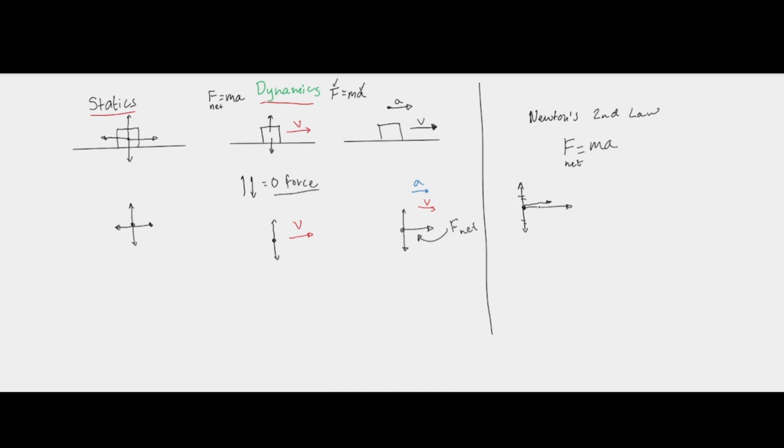Sometimes you'll see the vectors drawn side by side like this. Other times in other textbooks, or depending on the preference of the person who's working the problem, you might have the vectors stacked on top of one another like this. You might have one vector and then a second vector. Either way is fine, just know that they're pointing in the same direction and they're going to add together. They're going to increase one another because they're in the same direction.